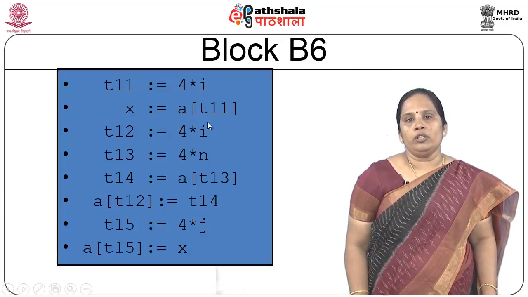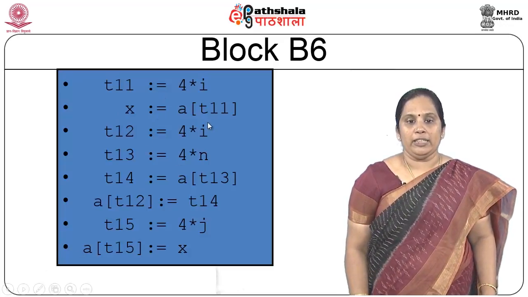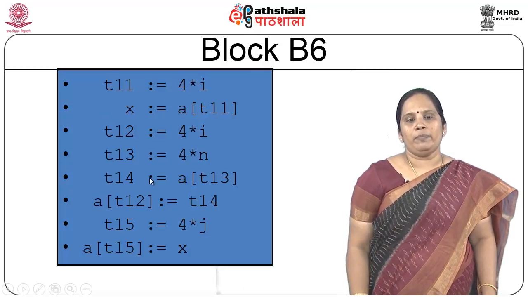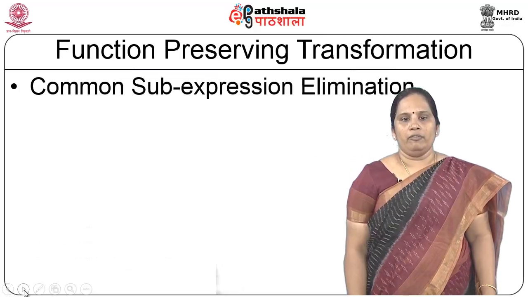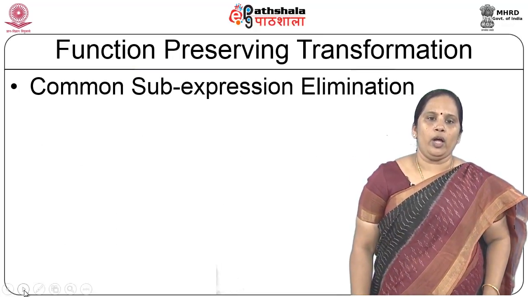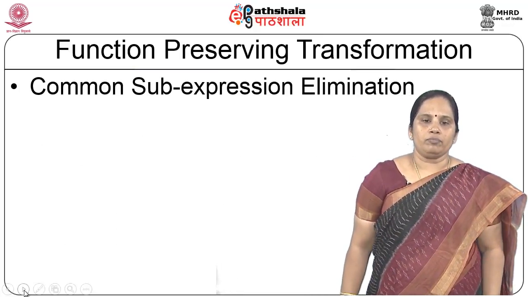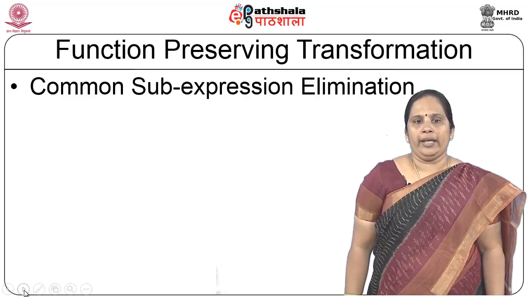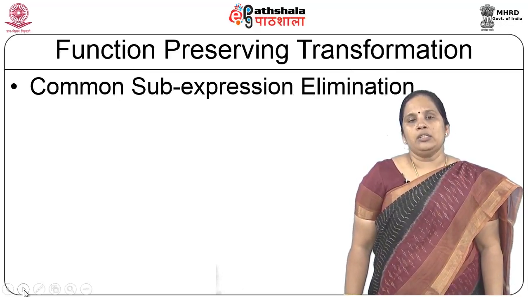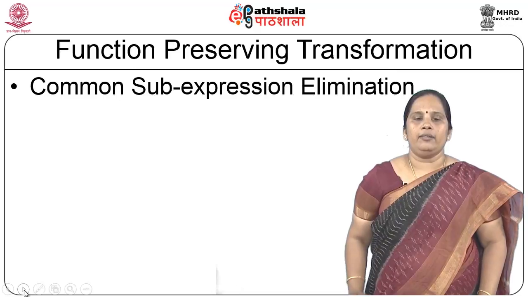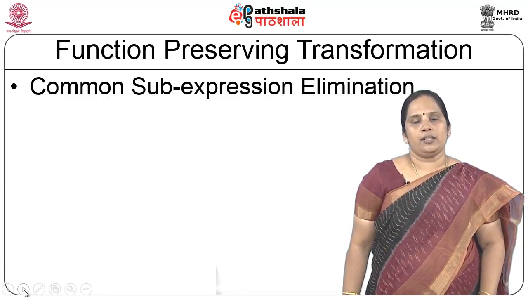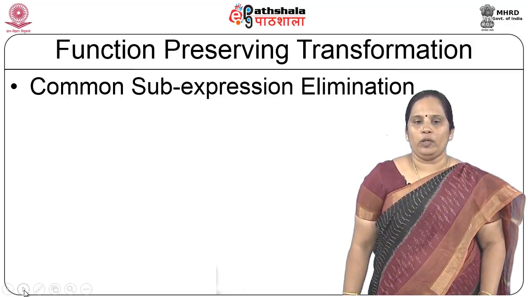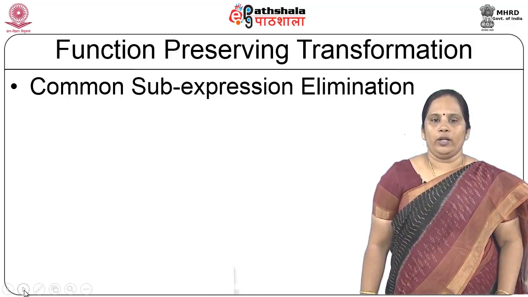Therefore, it is better to start from blocks B5 and B6 for optimization. Function preserving transformation is one area of code optimization. As we already know, there are 3 optimizations that will definitely be required: one is transformation, the second is data flow analysis, and the third is control flow analysis.